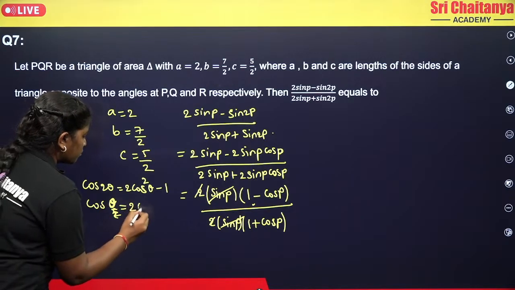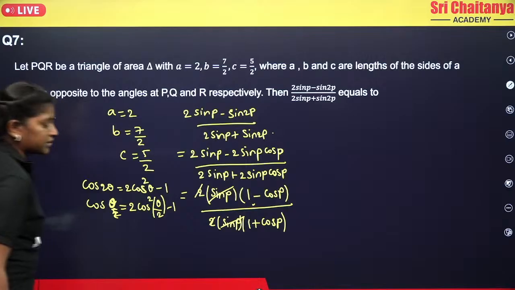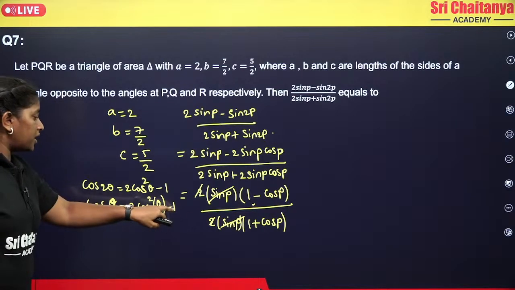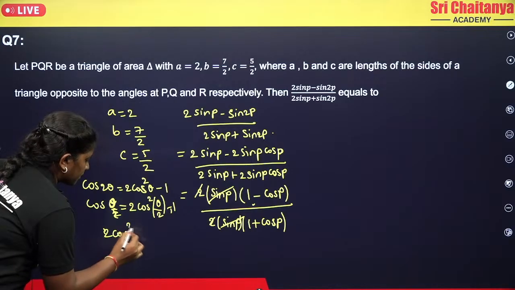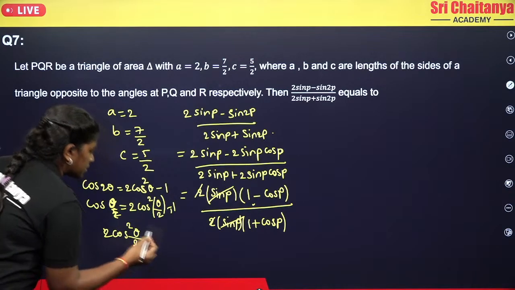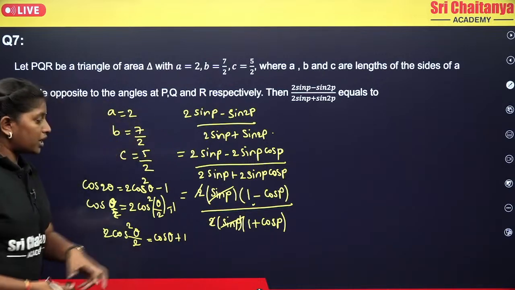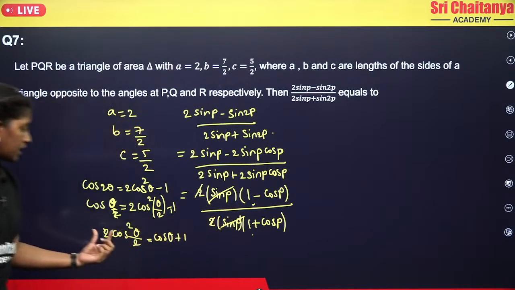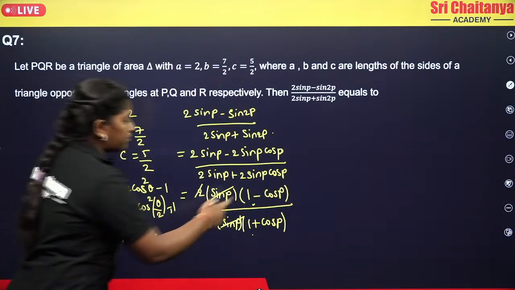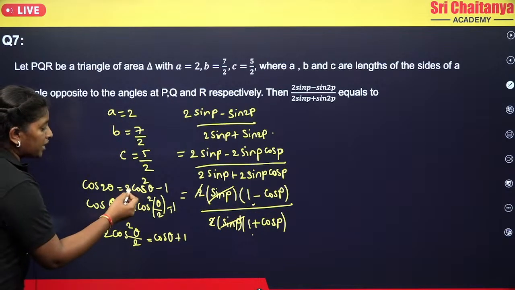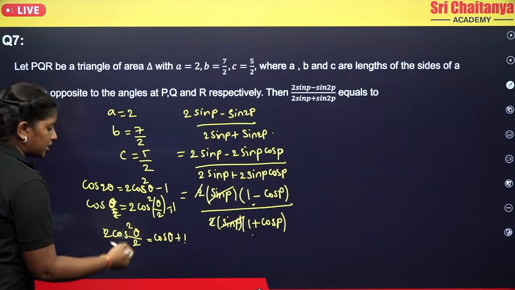Then it becomes 2 cos square of theta by 2 minus 1, right? Now if we take minus 1 to this side, 2 cos square theta by 2 equals cos theta plus 1. Okay. So in place of 1 plus cos P, we can write 2 cos square of P by 2. I got my 1 plus cos theta as 2 cos square theta by 2.